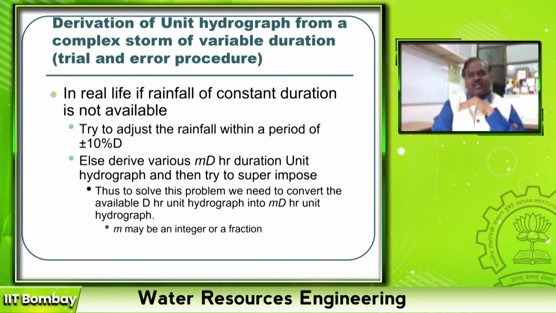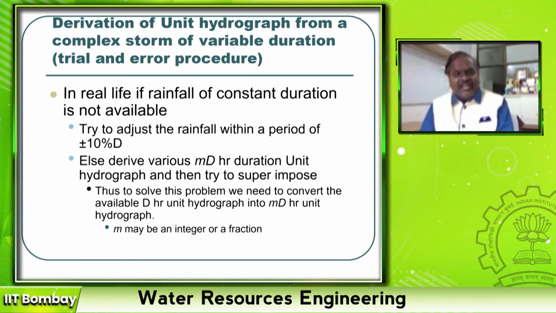Like simple storm and complex storm data collection, try to adjust the rainfall within the period of plus or minus 10% of D. That means if I say it is 3 hours duration, it may be within 10% of 3 hours, plus or minus.